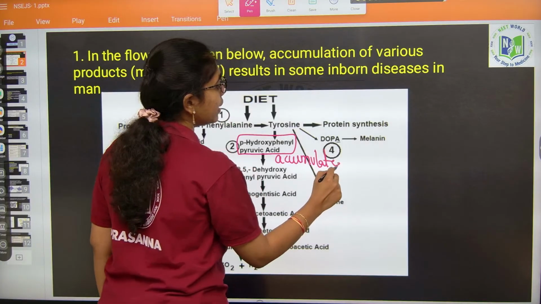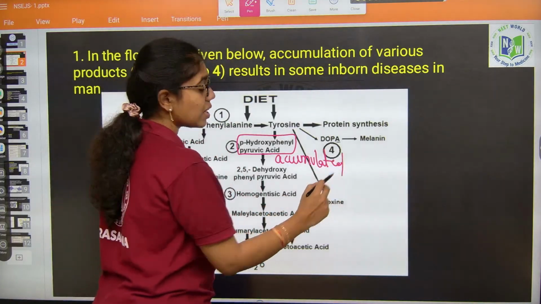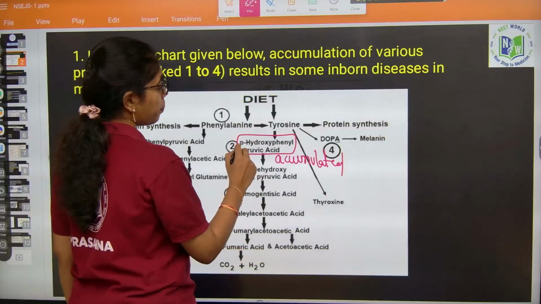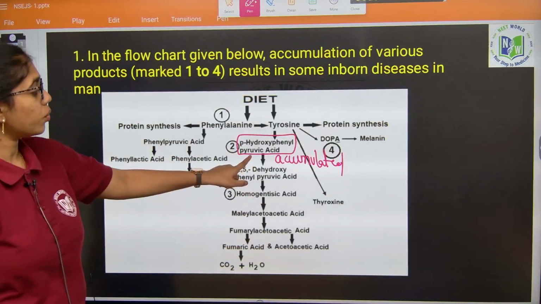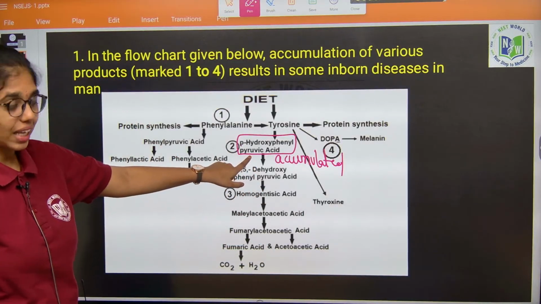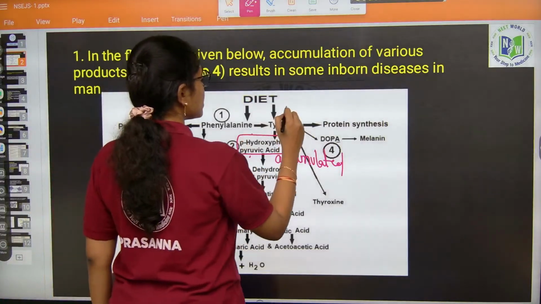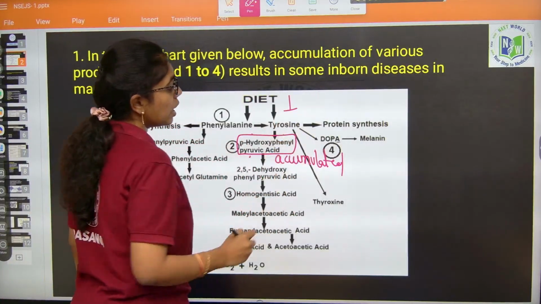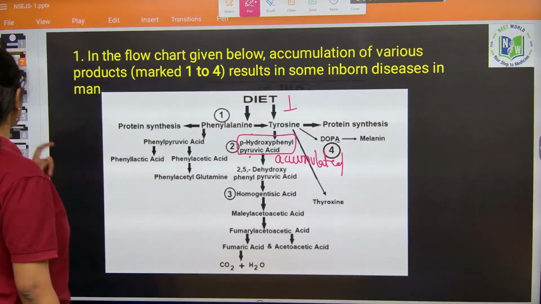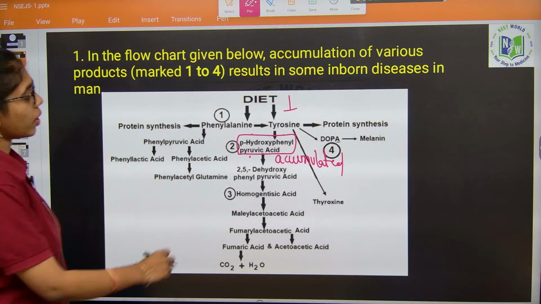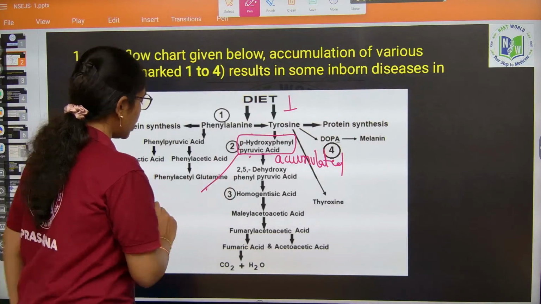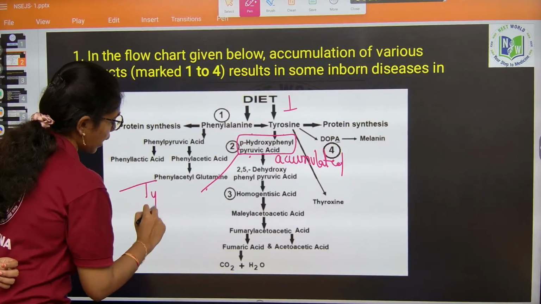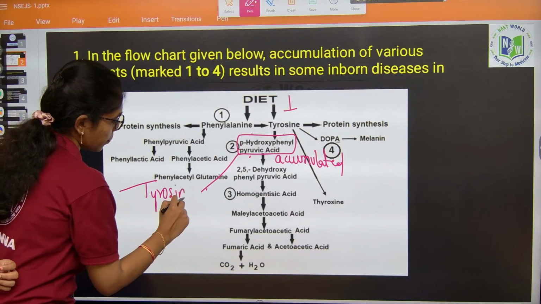Fine. And here which enzyme is deficient? P-hydroxyphenylpyruvic acid dioxygenase. Okay, this enzyme is deficient. So this causes the disease tyrosinosis. Okay, second one, this accumulation will cause the disease tyrosinosis.